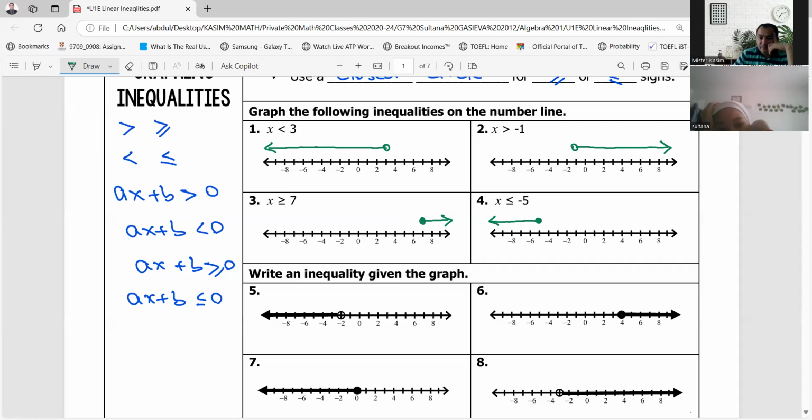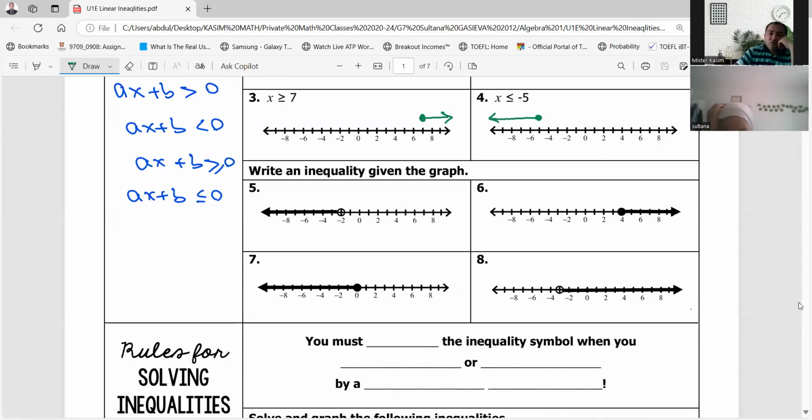All right. Now, how about writing an inequality given a graph? What do you think the first one, Sultana? X is less than -2. And how about 6? X is greater than or equal to 4, right?